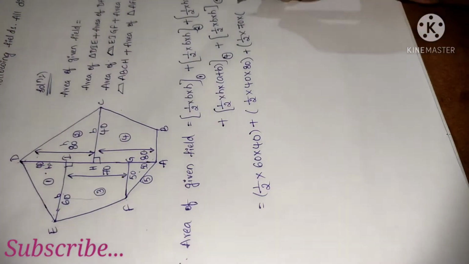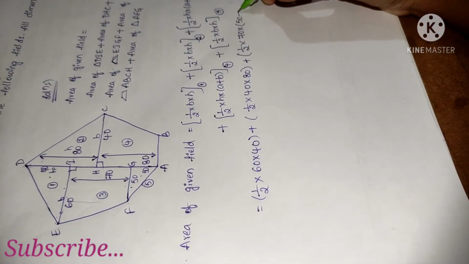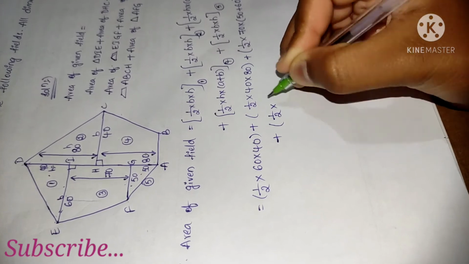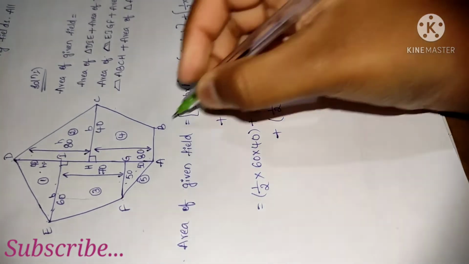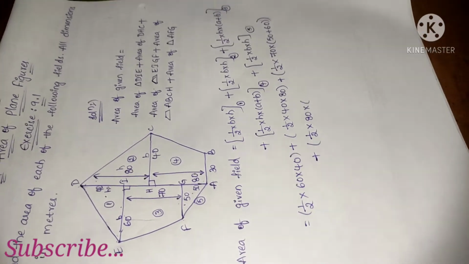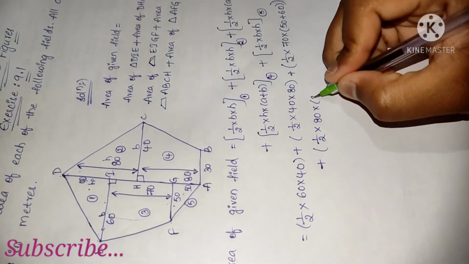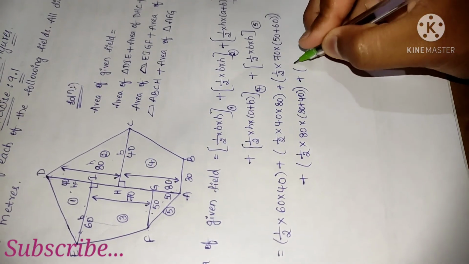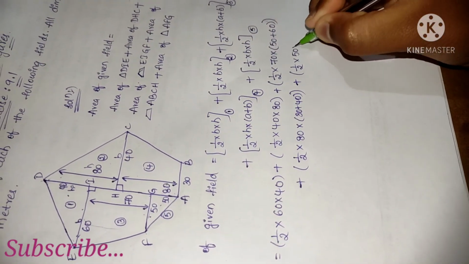Here half into height H is 70 and parallel sides A and B are 50 and 60. So half into 70 into 50 plus 60. Plus half into H for ABCH trapezium, H is 80 they gave, and the opposite parallel sides are 30 and 40. Here in the textbook there is a print mistake, AB equal to 30 meters. So A and B are 30 and 40. So half into 80 into 30 plus 40. Plus final one, area of triangle is half into B is 50 and height also 50.